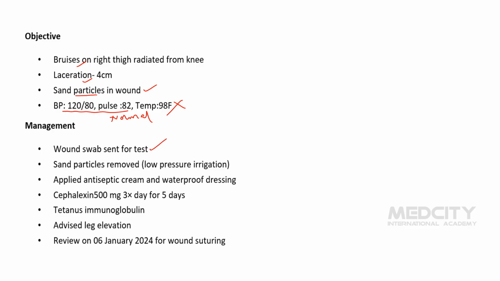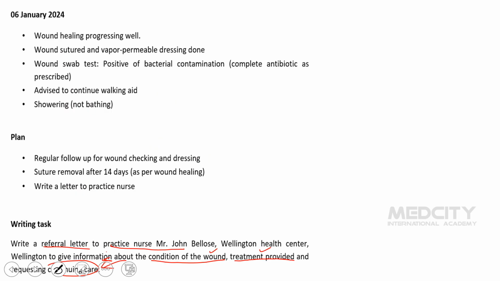Then how you manage the patient: pressure irrigation, of course, antiseptic, waterproof dressing, antibiotic, tetanus, then the advice you have provided, leg elevation, that's also important. Then you have asked the patient to come for a review on 6th Jan. Now let's look at what happened on 6th Jan. Wound healing progress is relevant. Suturing provided and vapor permeable dressing provided are relevant.